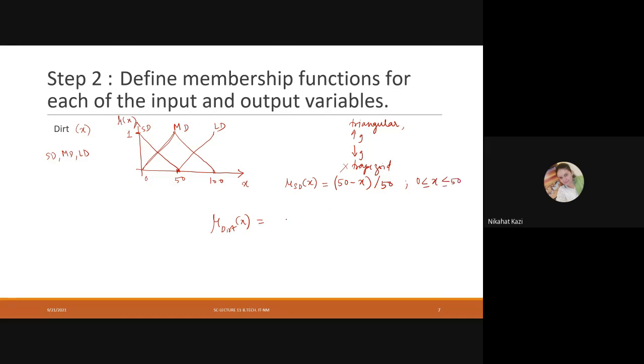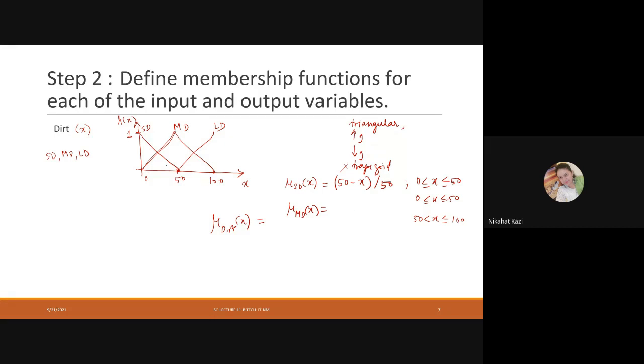Okay, next function is the medium dirt function. Medium dirt has two subparts. One is in the range of 0 to 50 and one is in the range of 50 to 100. The first one is an increasing one, the second is the decreasing triangular function.